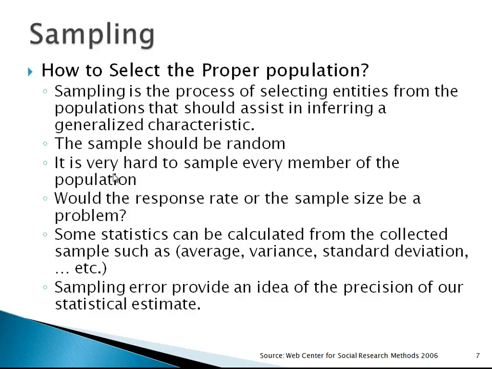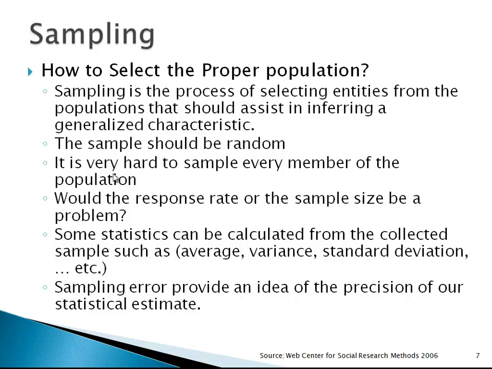In the sampling, we start looking at the proper population. So sampling actually is a process of selecting entities from the population that should assist in inferring a generalized characteristic. The sample should be random.